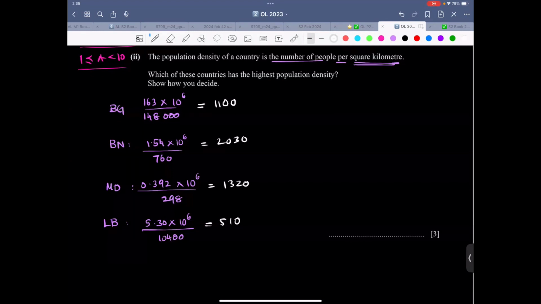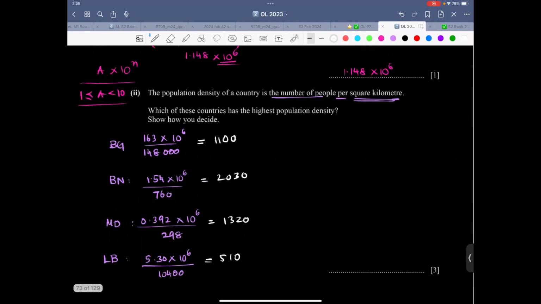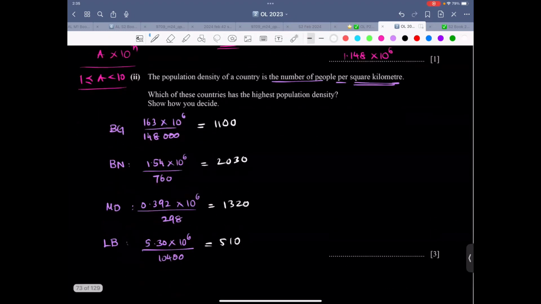All these values are given correct to three significant figures. And the third one, that is also good. And this one is 5.3 divided by 104. So 530. And this is all good. So now which has the largest value?